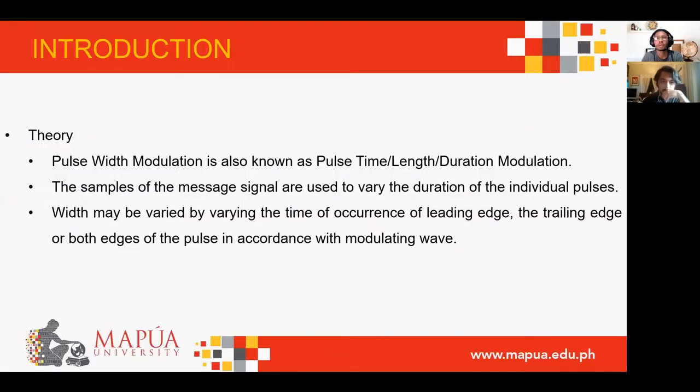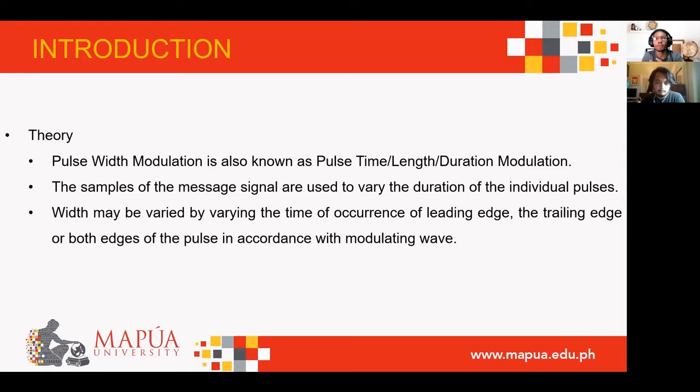So the basic theory: pulse time modulation is also known as pulse width modulation or pulse length modulation, where in PWM, the samples of the message signal are used to vary the duration of the individual pulses.